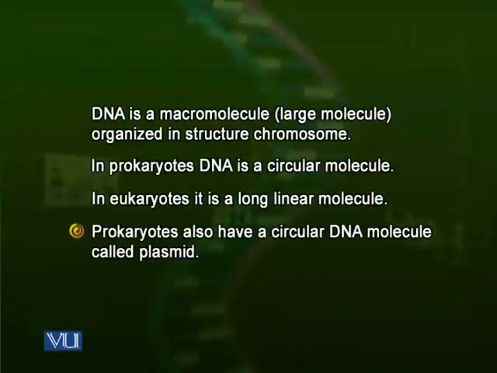The prokaryotes also have another form of DNA present outside their nucleoid region, inside their cytoplasm, which are small circular DNA molecules. These are called plasmids. The bacterial chromosome, or the prokaryotic chromosome, as we know that bacteria are prokaryotes, has the genes for the regulation of growth, control, development and everything.